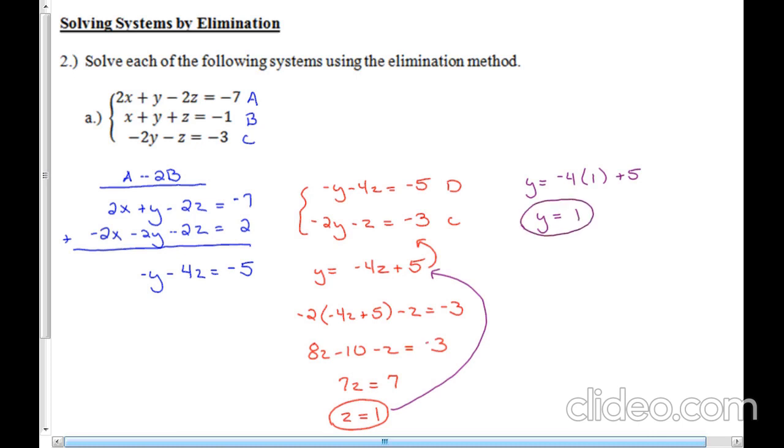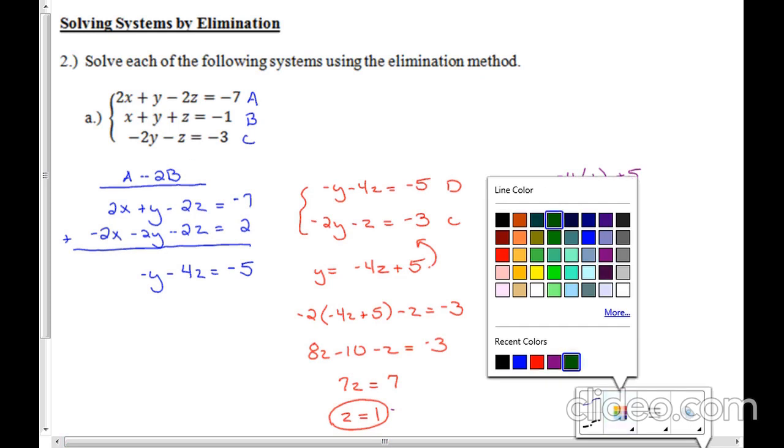Now I know z, and I know y. So I'm going to go back to the very beginning, and I'm going to pull out equation B, because now I can substitute in what I know for y and what I know for z, and I can solve for x.